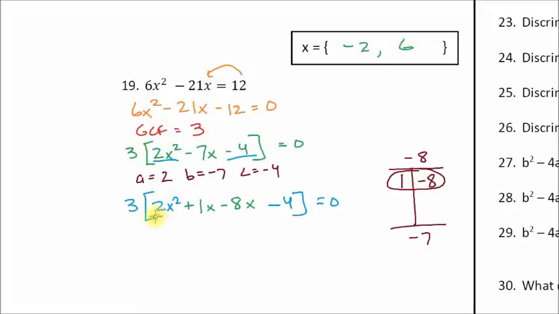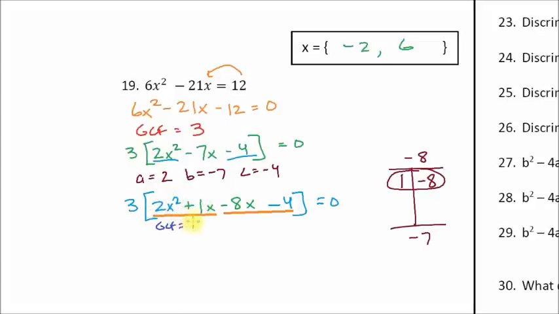Next step, let's group. The first two terms get grouped. The last two terms get grouped. And all we have to do is find what are the GCFs. Whoops, let's not change that color. What are the GCFs of each of these groups? Well, the coefficients here are 1 and 2. So 1 is our GCF here. We can ignore that.